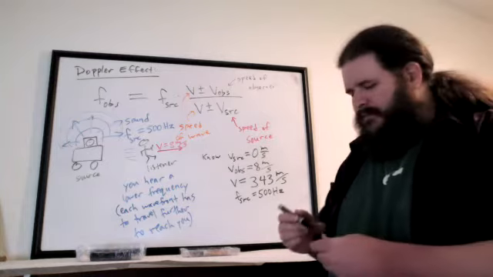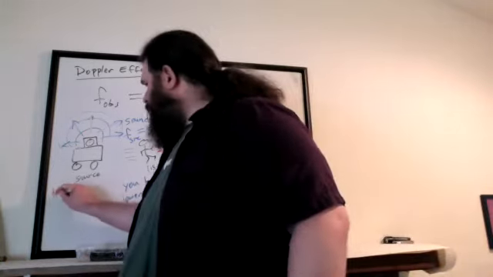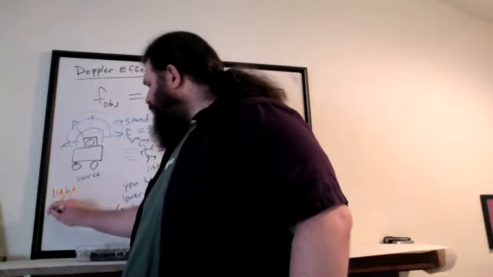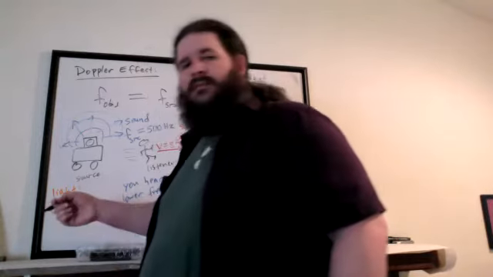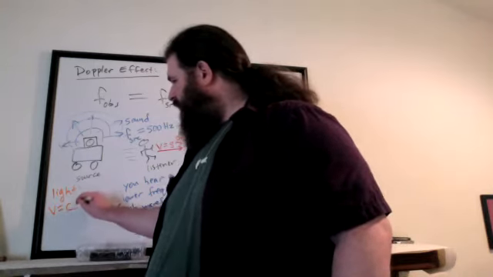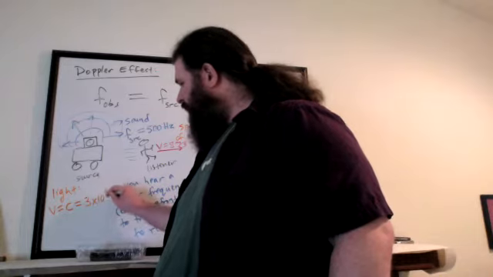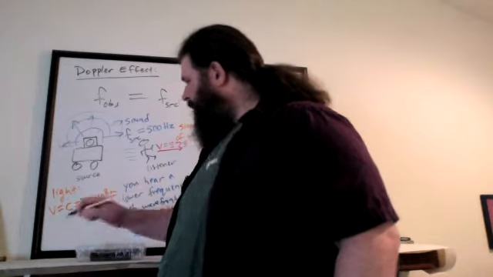For light, any form of light, the speed is 300 million meters per second. That's usually just written as c, the speed of light, and that's 300 million, or 3 times 10 to the 8th meters per second.